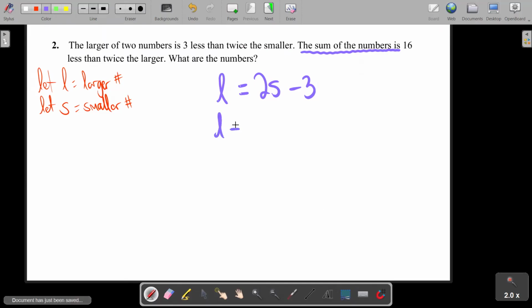So the sum of the numbers is wonderful. I'm going to underline some stuff in red. Unfortunately, that's on two different lines, but so what? It's kind of a first world problem, right? 16 less than. What does that mean? Say again? Yes. Space minus 16. Good.